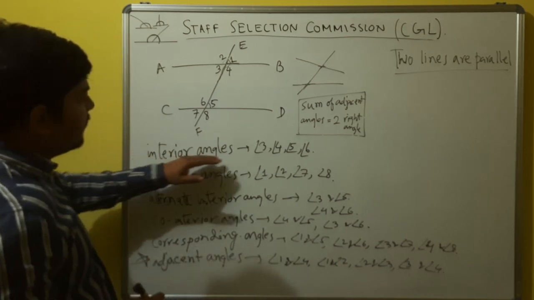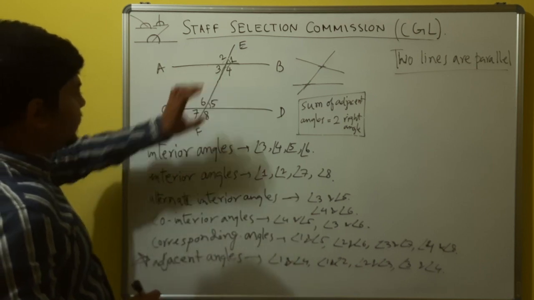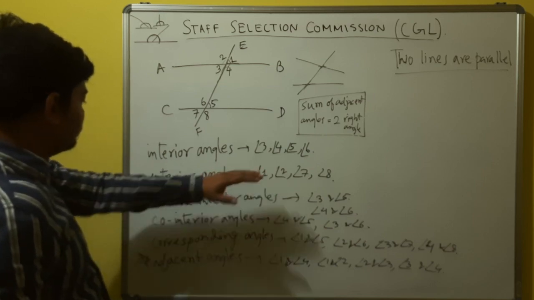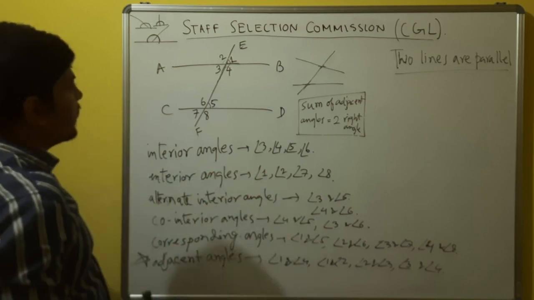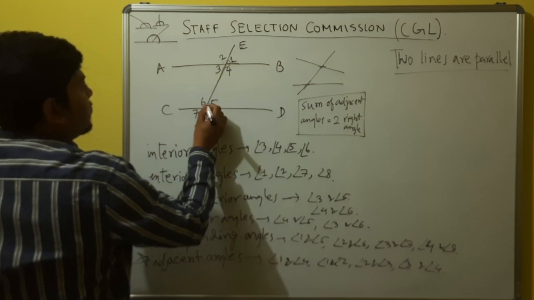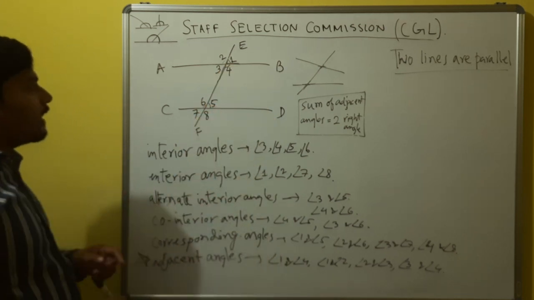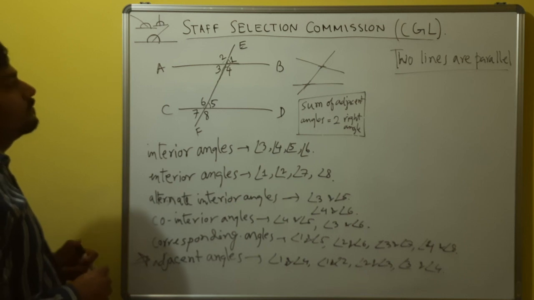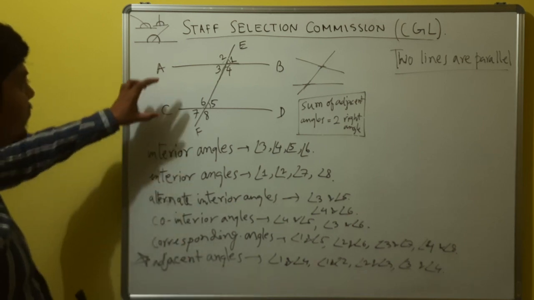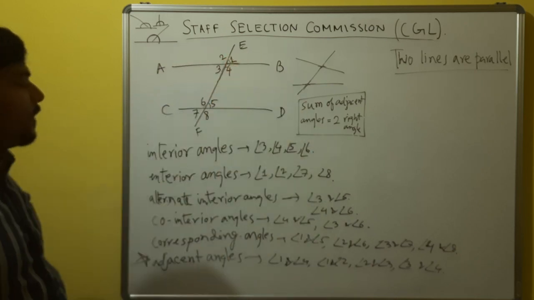We are talking about interior angles. These are interior angles, then exterior angles. Alternate interior angles. This is an alternate interior angle, right? Alternate interior angles are going to be equal only if these two lines are parallel.